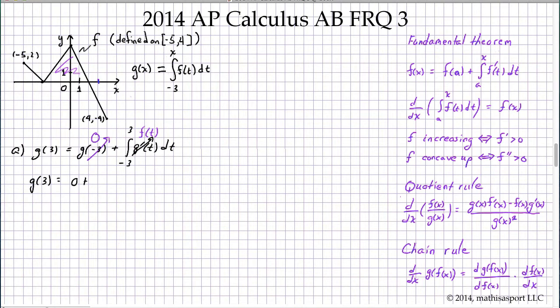So the area of a triangle is 1/2 base times height. So that's 1/2. We have a base of 1, 2, 3, 4, 5. 1/2 times 5. And what is our height? 1, 2, 3, 4. That covers that area. Now we have to add in this area. And remember, we've been saying area, but originally we said signed area. And that's important here because this is going to constitute negative signed area. Again, this triangle goes right up to here.